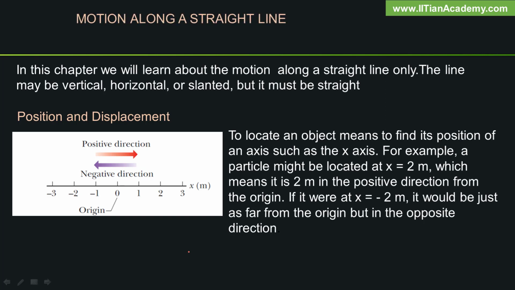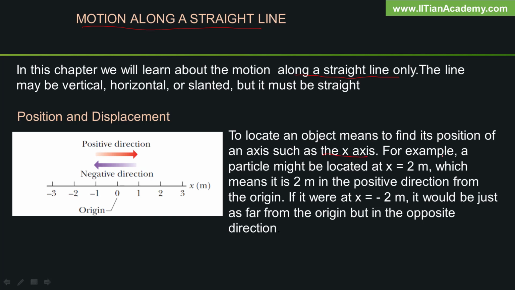Here, we will learn about position of an object in motion along a straight line. Position of an object is given by its location on the straight line. To locate an object means to find its position on an axis, such as the x-axis.